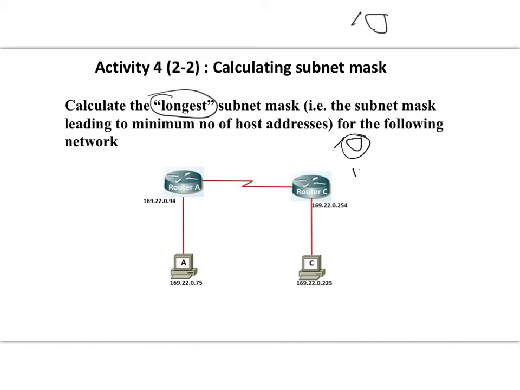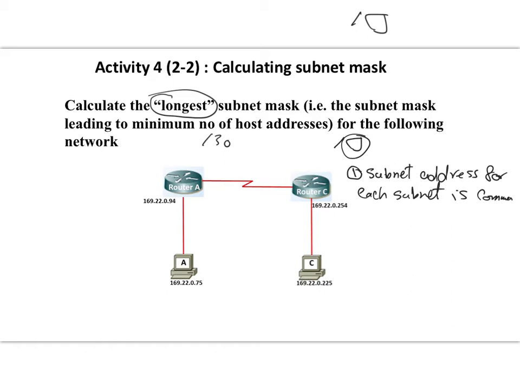One, the subnet address for each subnet is common. What does that mean? Let's assume that this is slash 30.